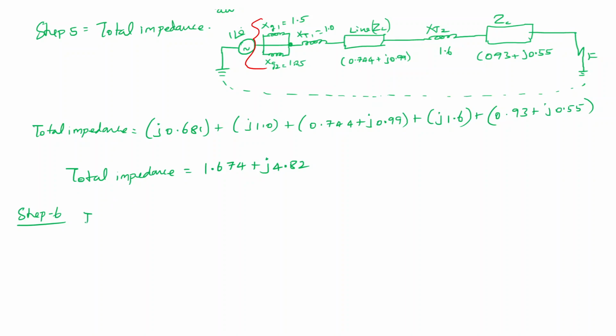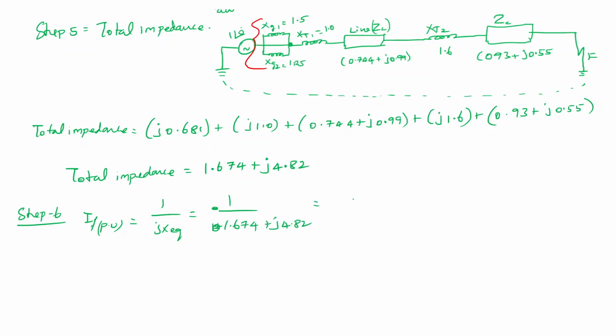We know that we'll first find out per unit, then we'll go for actual. Or if you know the base value, directly multiply to get the actual, but we'll go stepwise only to get the step marks. So per unit is equal to 1 divided by j X equivalent. So 1 divided by 1.674 plus j 4.82.